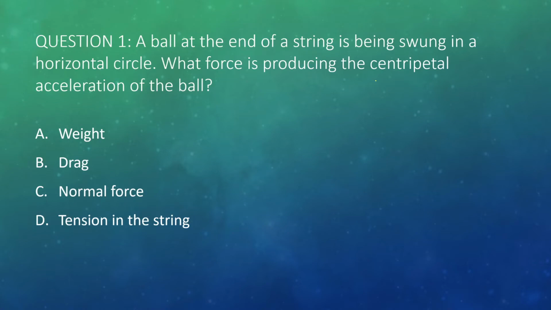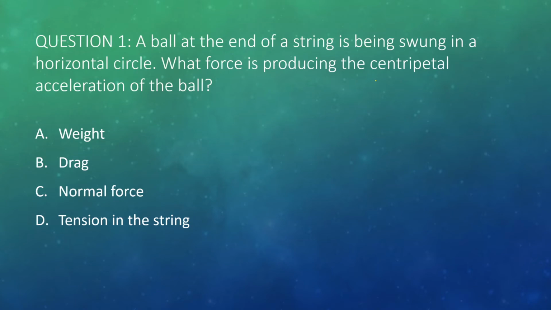Question number 1. A ball at the end of a string is being spun around in a horizontal circle. What force is producing the centripetal acceleration of the ball? Okay, so it's basically asking what force is pointing in toward the center, right?